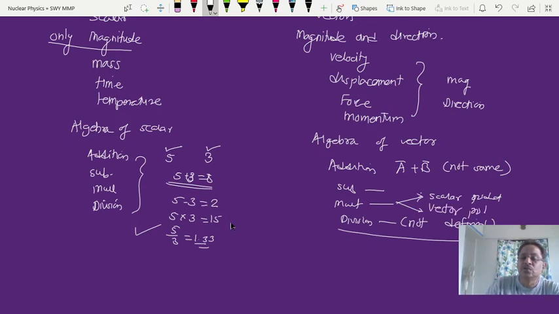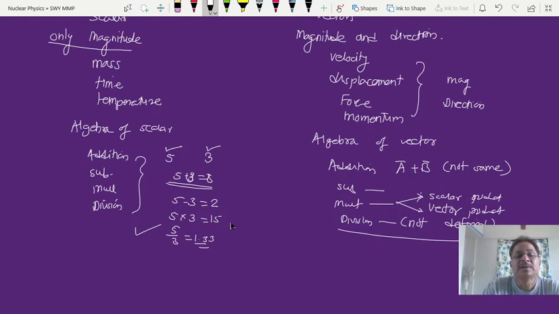So this shows you that the addition, subtraction and multiplication carried out in the case of vectors are totally different from what we carry out in the case of scalars. Scalar multiplication and vector multiplication are altogether different.